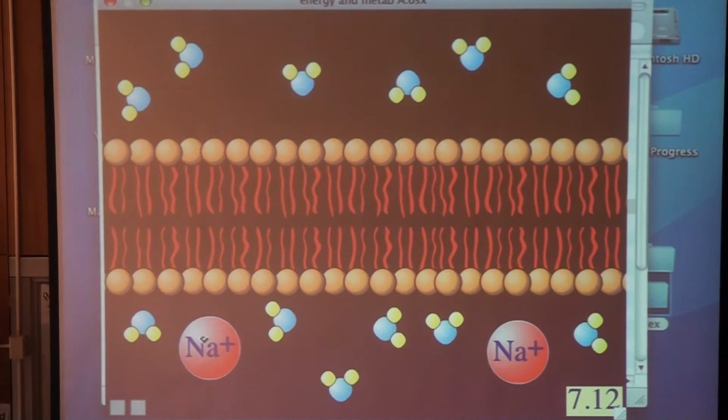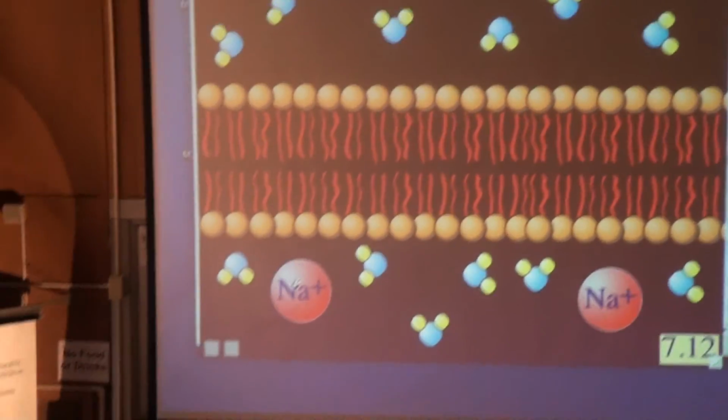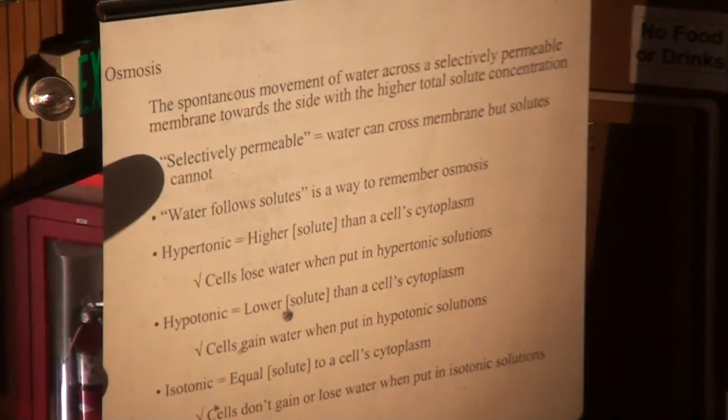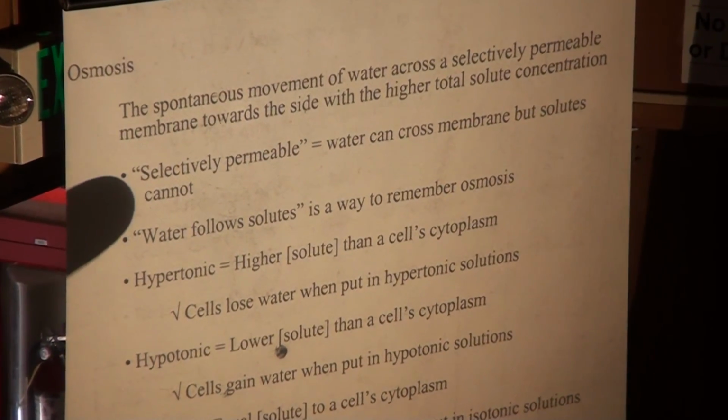But kind of surprisingly, water molecules can pass through cell membranes. And that seems a little wacky at first because water molecules are hydrophilic and the cell membrane is hydrophobic. But as strange as it sounds, water molecules can get through membranes. And for that reason, they say cell membranes are selectively permeable. Water can get across, but the solutes can't.